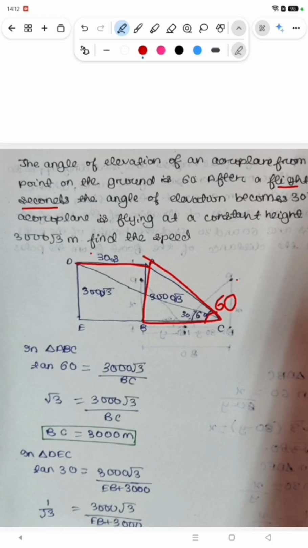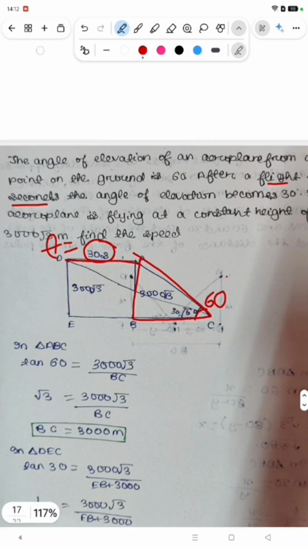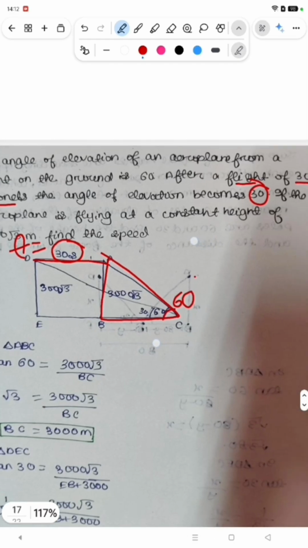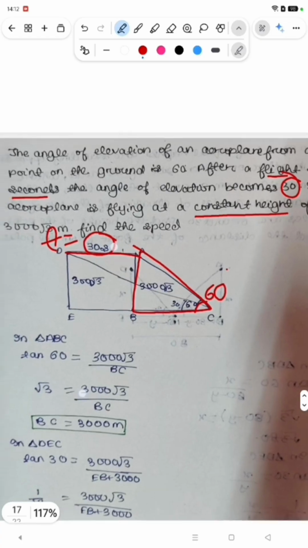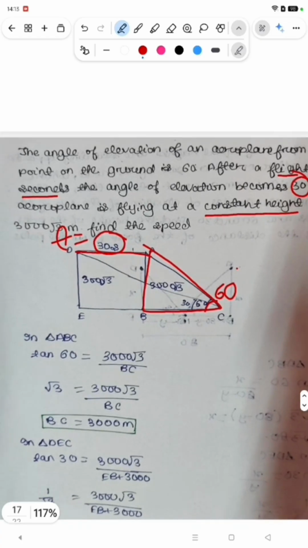So 30 seconds is the time, means t equals 30 seconds. After 30 seconds the angle of elevation becomes 30 degree. And the aeroplane is flying at a constant height, 3000 root 3 meter is the height of the aeroplane.